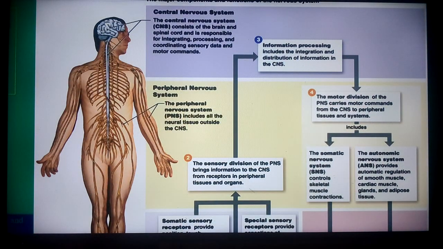I hope that one is legible for now. So we can see from this specific part that the human nervous system is divided broadly into these two specific categories. Now we have the central nervous system, which is abbreviated as CNS, and the peripheral nervous system, which is abbreviated as PNS.